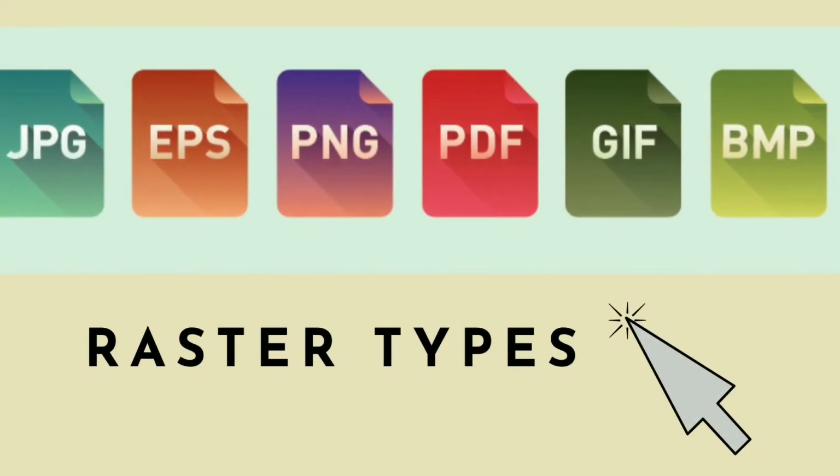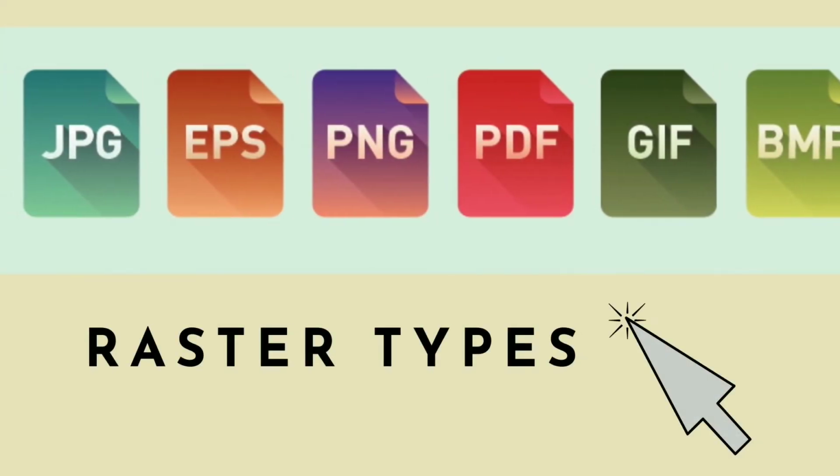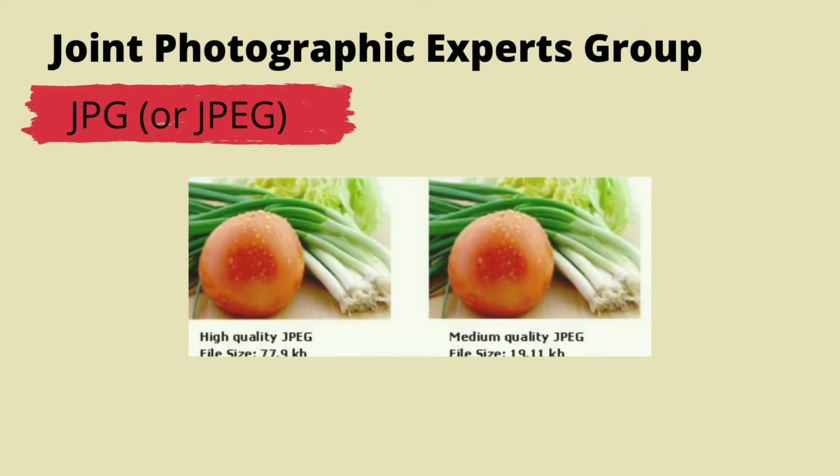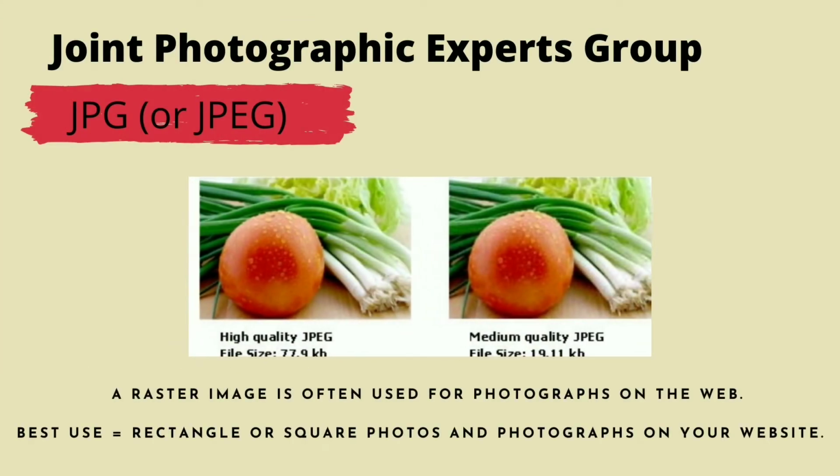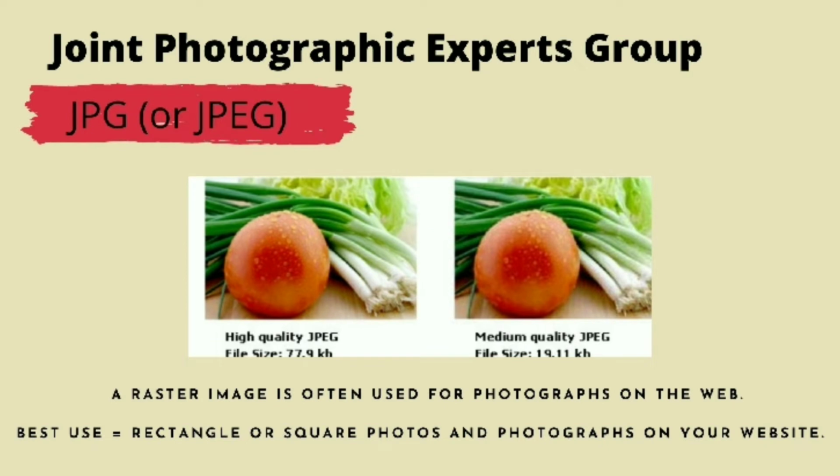Raster types. JPG, or Joint Photographic Experts Group. JPG or JPEG is the raster image that is often used for photographs on the web. JPGs can be optimized when saving them out of Photoshop to find the perfect balance of small file size and high quality.